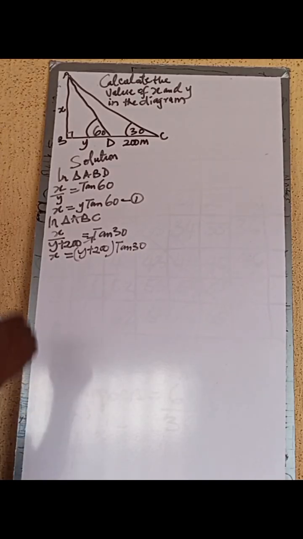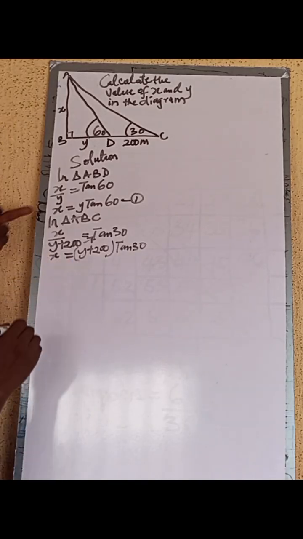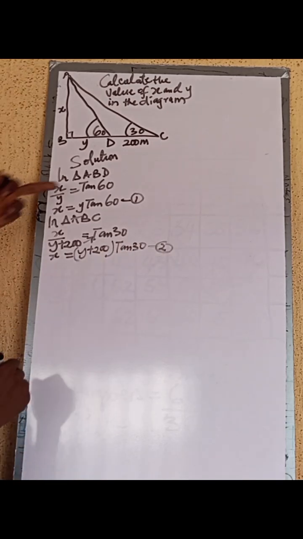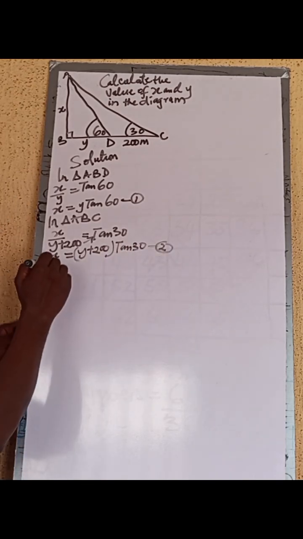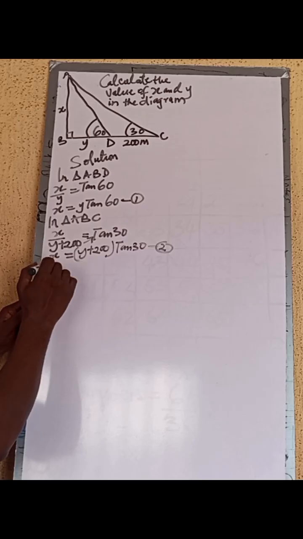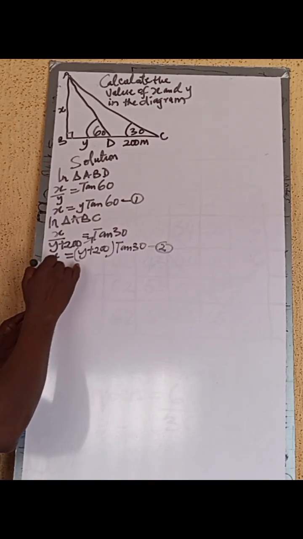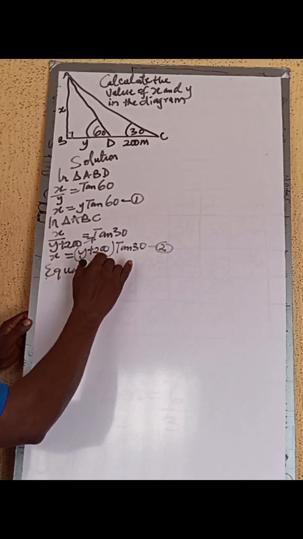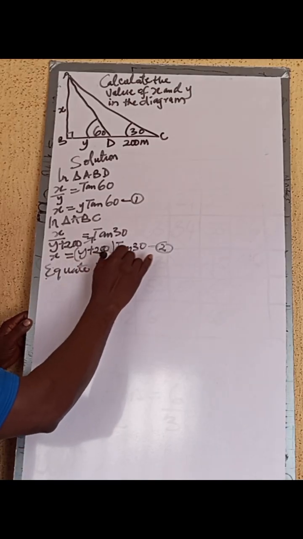Call this one equation 2. So you now see equation 1 and 2 are equal, so equate 1 and 2.